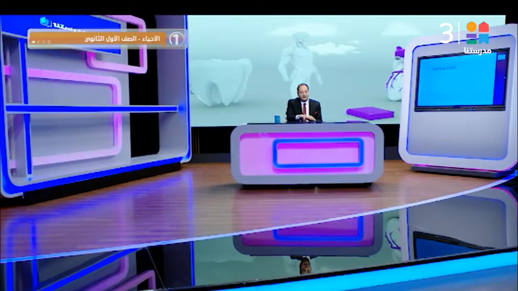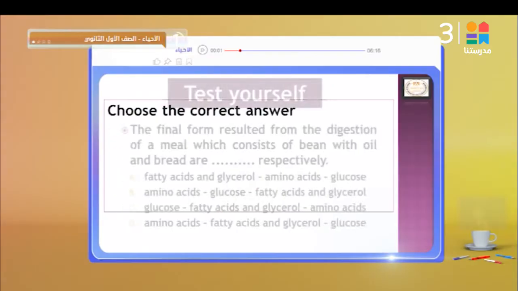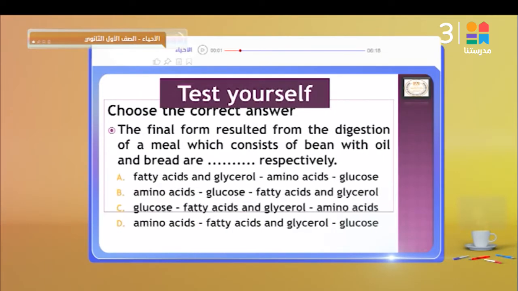Okay? For example, the next point. Choose the correct answer. The final forms resulting from the digestion of a meal which consists of beans with oils and bread are, respectively... Beans, I think, are proteins. Beans are a type of legume and consist of proteins.